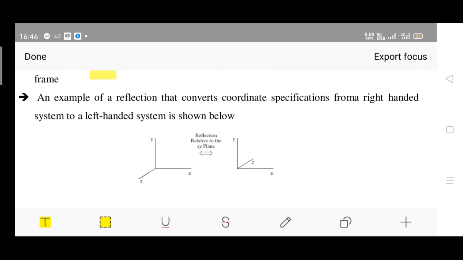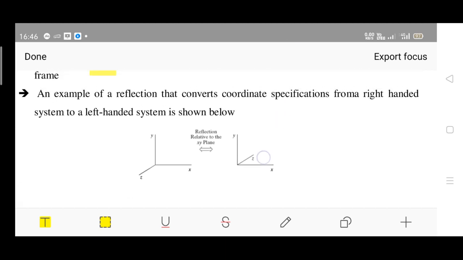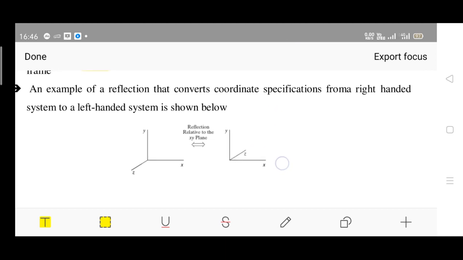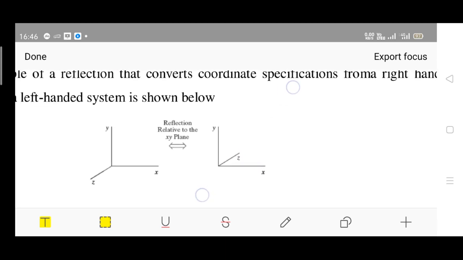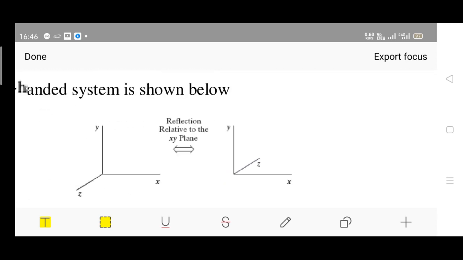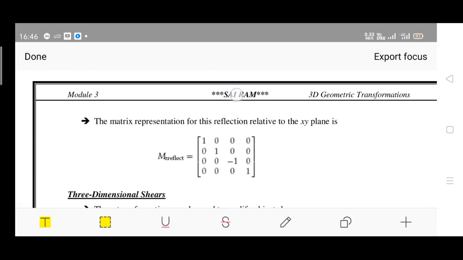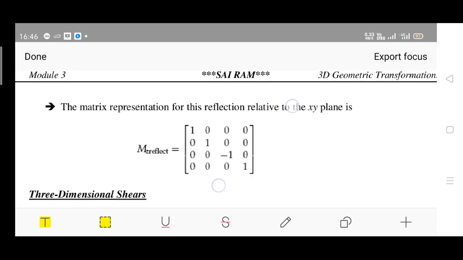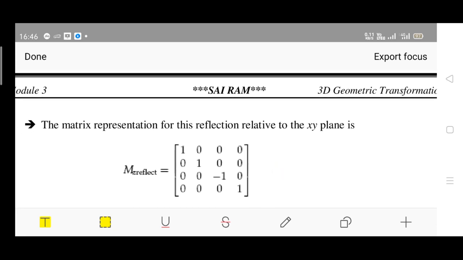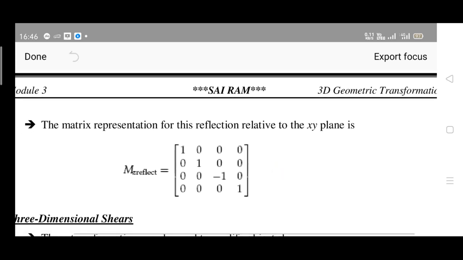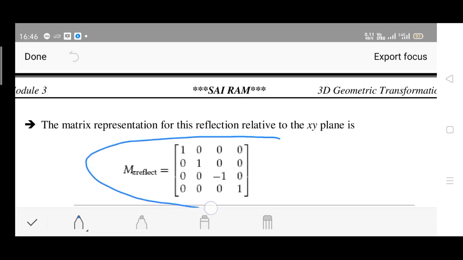This is the diagrammatic representation. Reflection relative to the xy plane is mentioned like this. The reflection of z is mentioned over here, as you can see in the diagram. The matrix representation for this reflection is relative to the xy plane.